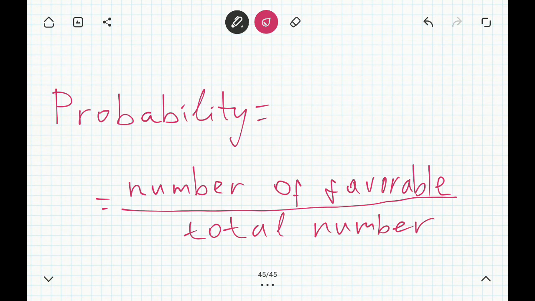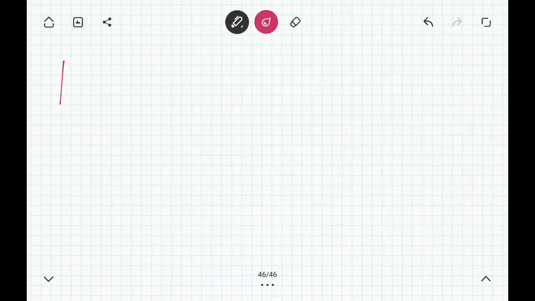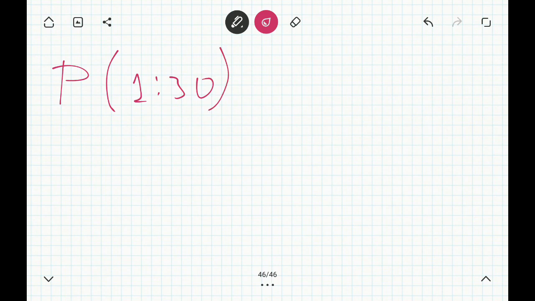So if we use this definition, then what's the probability that you come to the campus exactly at 1:30, given that you come there between 1 and 2 p.m.? Well, there is only one moment in that interval between 1 and 2 when time is 1:30.